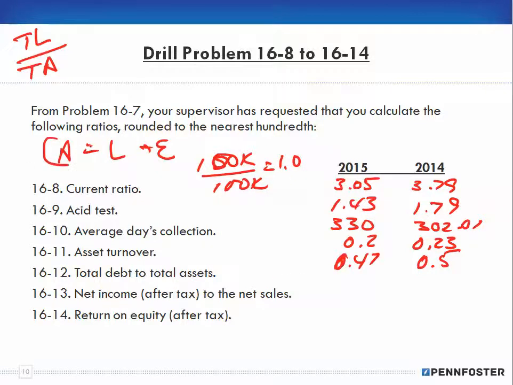Well, if I have 100,000 here and 100,000 here, how much do I have in equity? I have 0 in equity, okay? But if I had 50,000 for my liability here, that means I have 50,000 in equity, right?